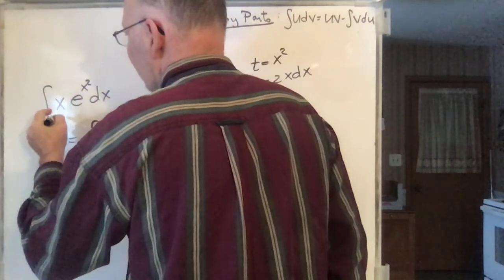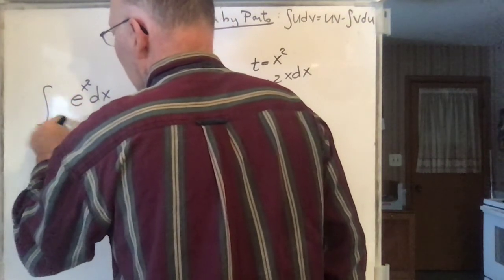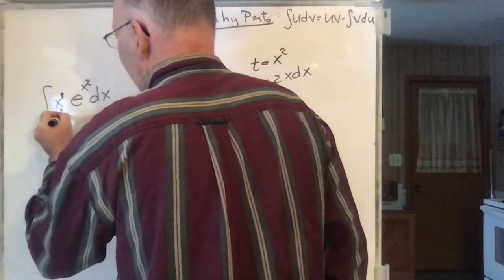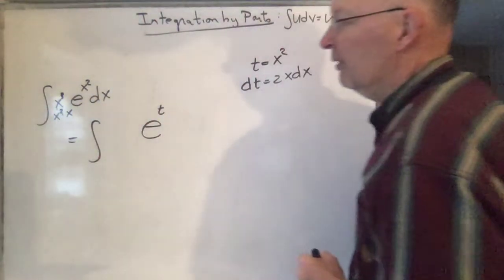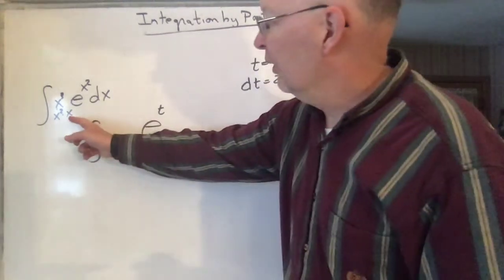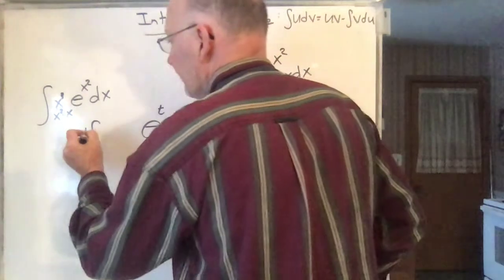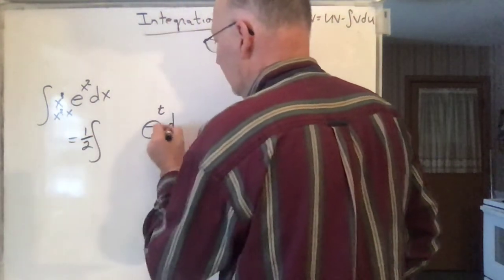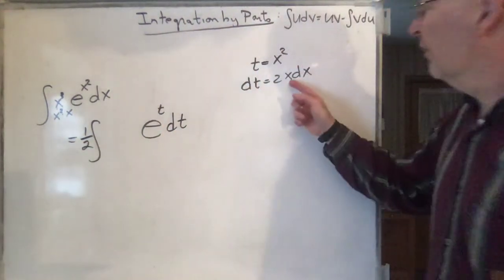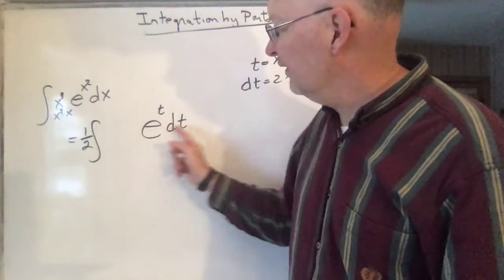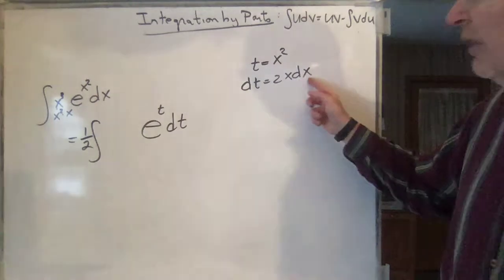I can think of that x cubed as x squared times x. Agree that x cubed is equal to x squared times x? So here's an x dx. x dx is equal to 1/2 dt. See that? So x dx is equal to, bring the 2 over, 1/2 dt.